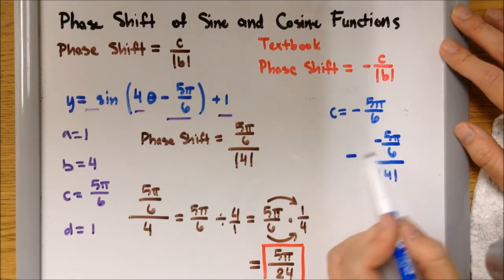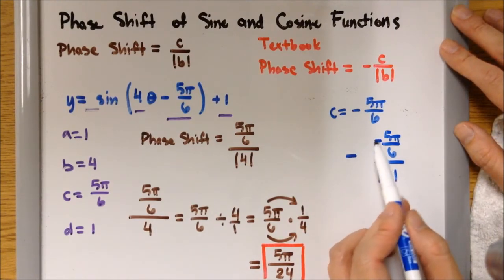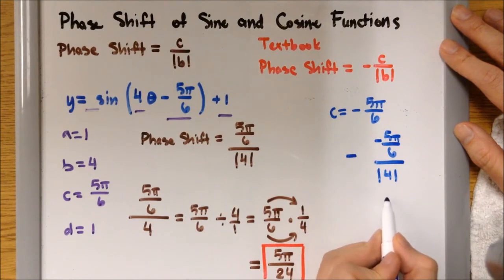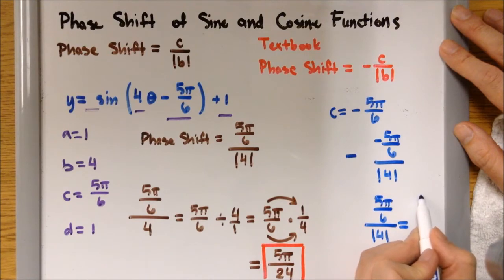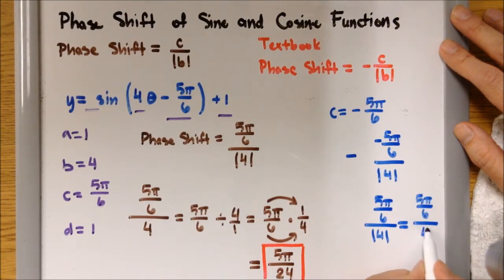So remember, just like before, when there's a negative next to another negative, it becomes a positive. So it's going to be 5 pi over 6 over the absolute value of 4. When you simplify the absolute value of 4, it's just another 5 pi over 6 over a positive 4.